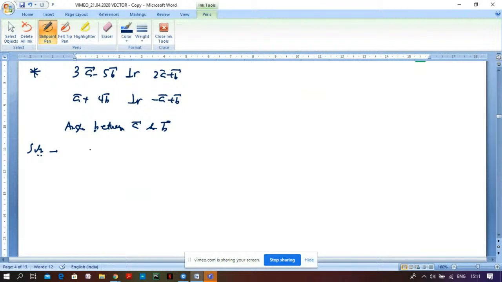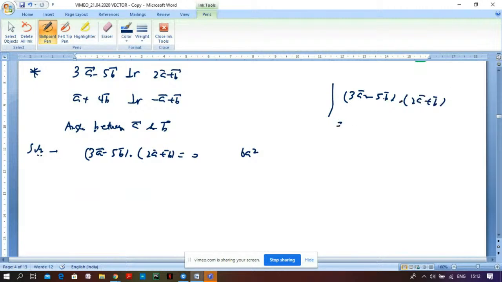So this is a little algebra. We'll write (3a minus 5b) dot (2a plus b) is 0, as they are perpendicular. Expanding term by term: 3a dot 2a plus 3a dot b minus 5b dot 2a and minus 5b dot b.